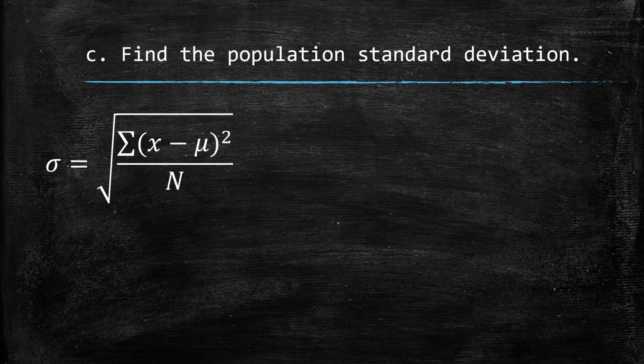Find the population standard deviation. In our previous slide, we already solved the population variance. Now to get the standard deviation, you just need to extract the square root of the population variance. So in that case, the sigma squared becomes sigma.